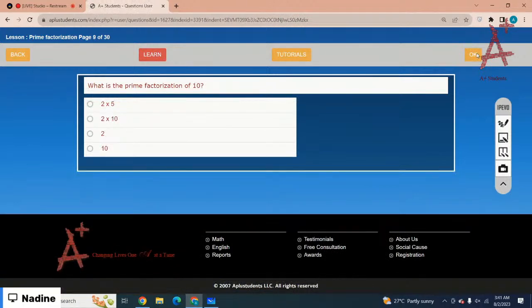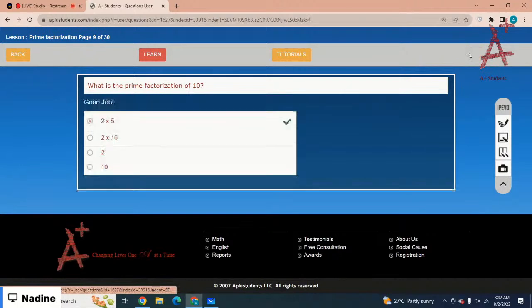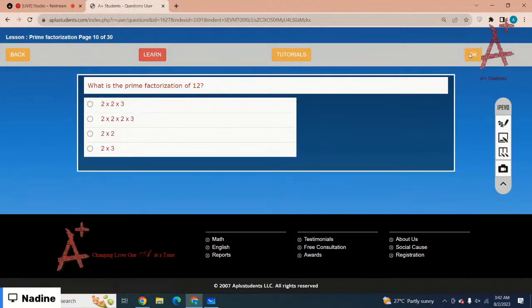What is the prime factorization of 10? The prime factors of 10 are 2 times 5. Option number 1 is the correct option because 2 and 5 both are prime numbers, right?